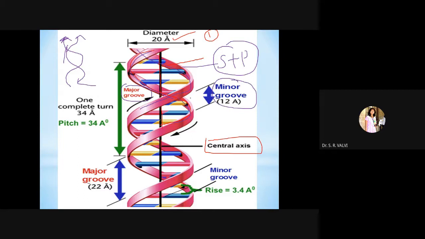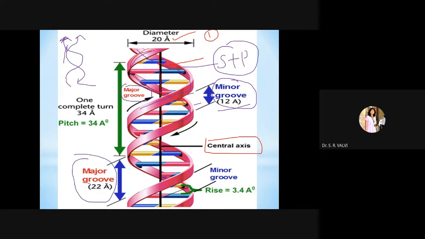The minor groove forms a very little groove, a little depth-like structure. That is the minor groove, which is of 12 angstrom, right? So minor groove of 12 angstrom, and major groove, here you can see, it is 22 angstrom.